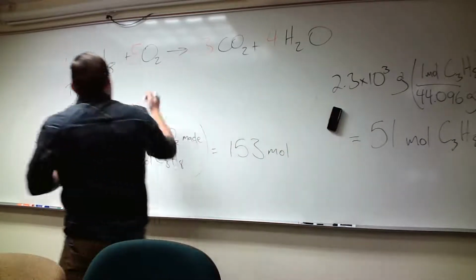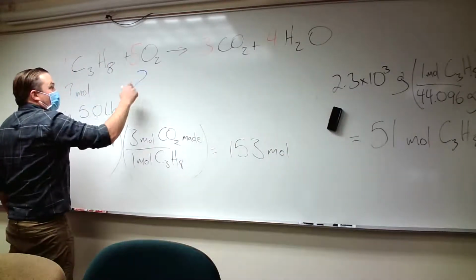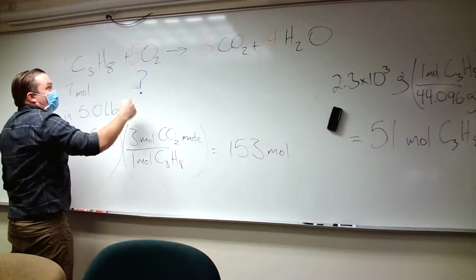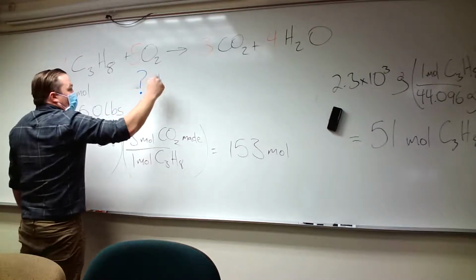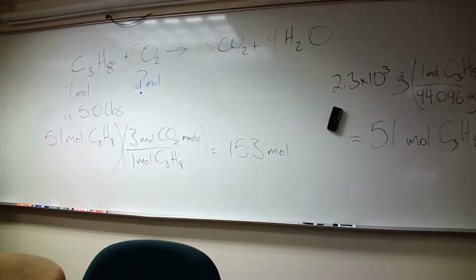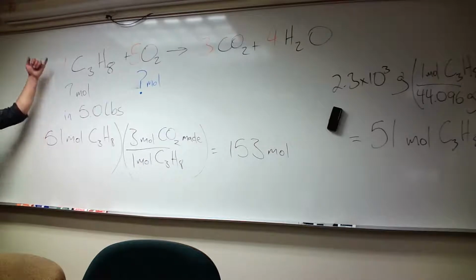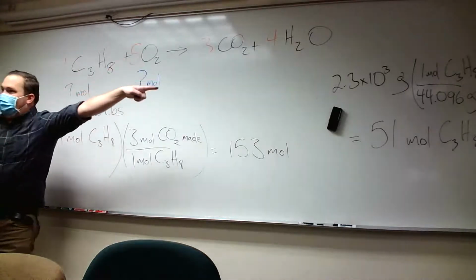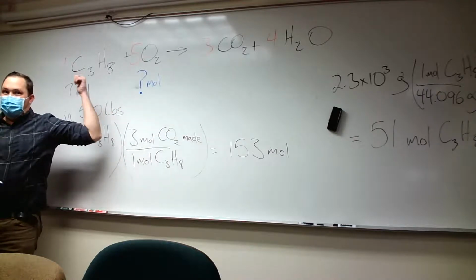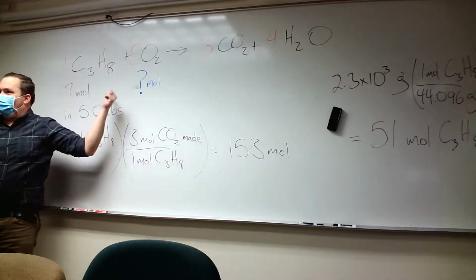Let's go in that direction. I'm writing it this way carefully because this is the way that I write it on tests: how many moles of oxygen do we need? Well, if we're just comparing these two, then it doesn't matter anything about the right-hand side. Once we know it's balanced, all we care about are what we have and what we're trying to figure out.